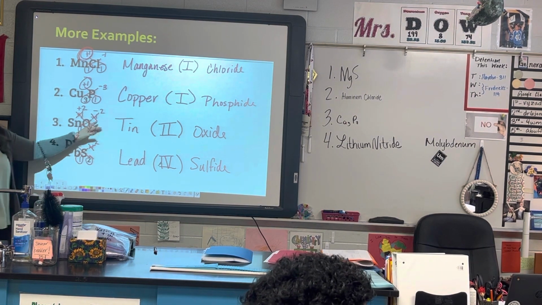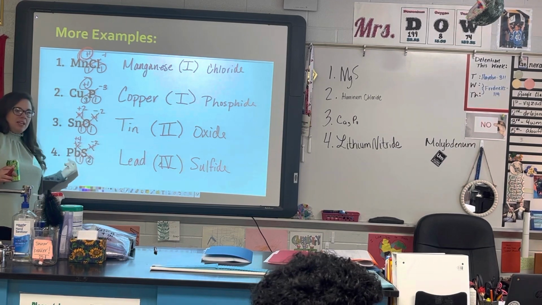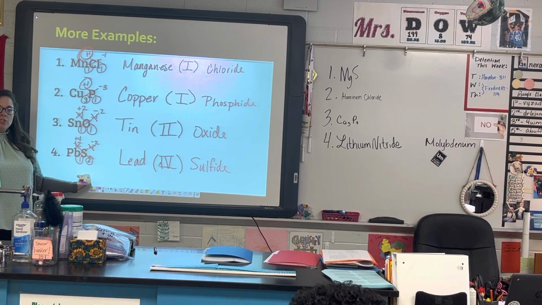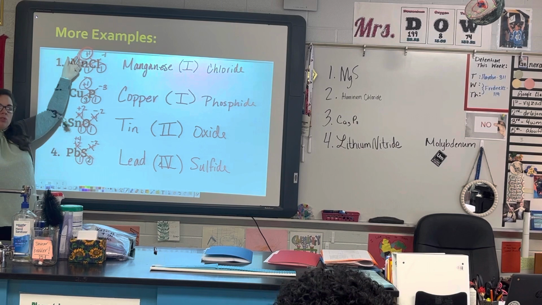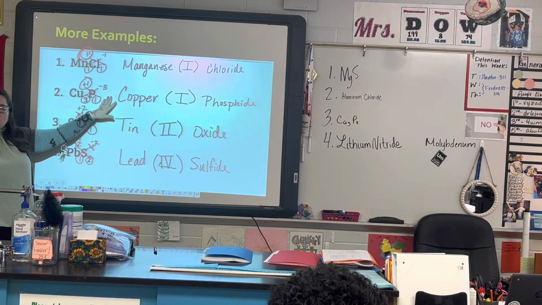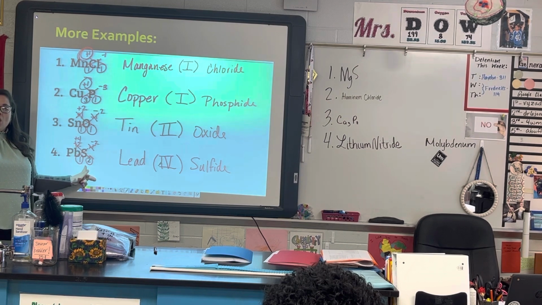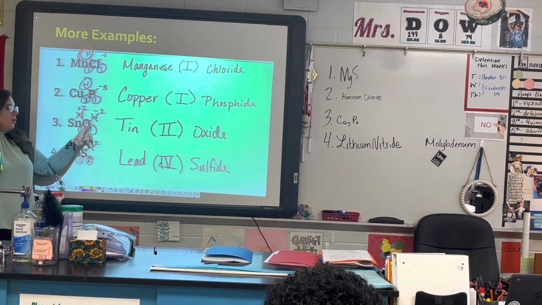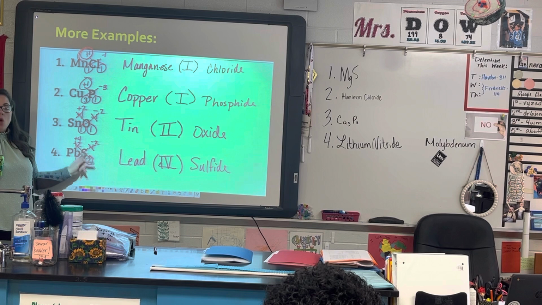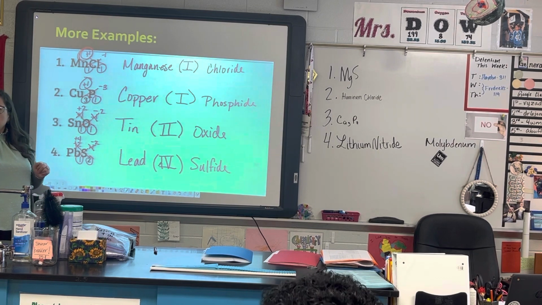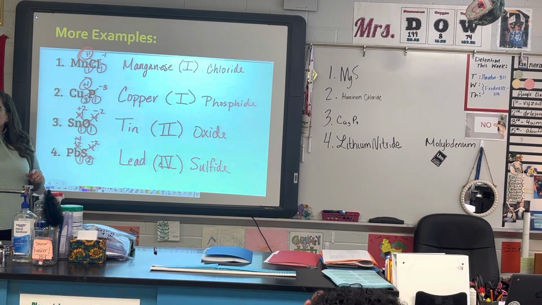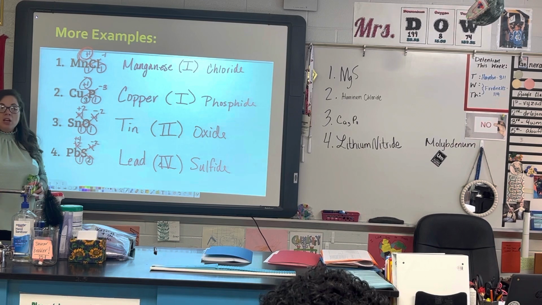It doesn't happen a ton like this where you have to change your subscripts. Most of the time, you uncross, you check your nonmetal, and that's what it is. But sometimes they are reduced, which is why you always need to check your nonmetal. Always. Always check it just to make sure you don't need to either double it or maybe even triple it.